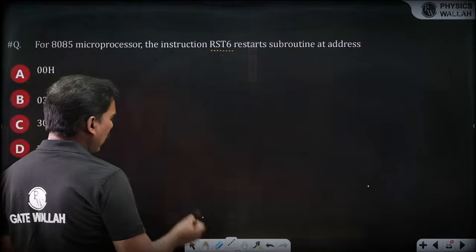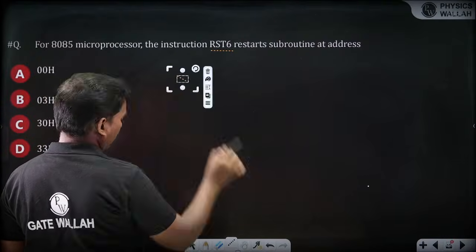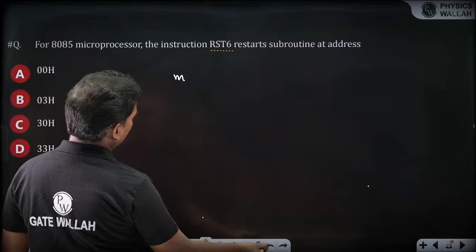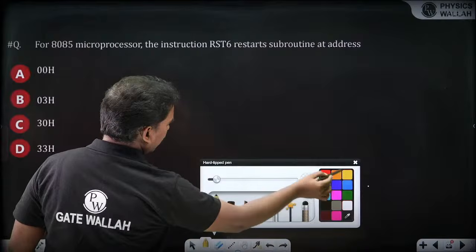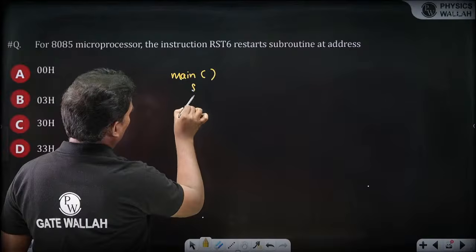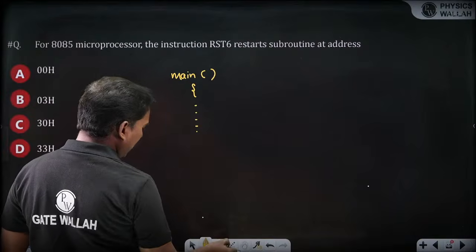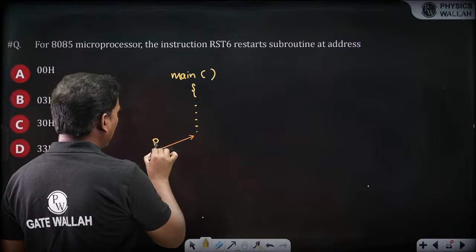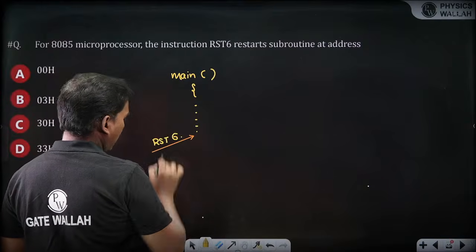See, generally what happens, this is the main program. So in the main program, somewhere if this interrupt happened, RST6 interrupt happened, then what happens now?